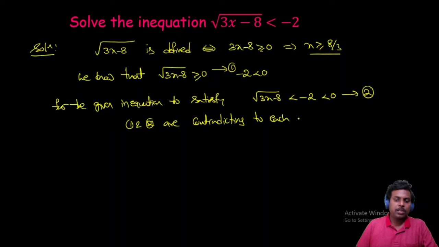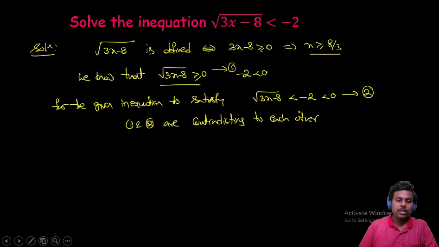Why? Because on one hand it is telling that this quantity is greater than or equal to 0. In order to get a solution for this inequality, this quantity must be less than minus 2, that is less than 0. So at the same time, a quantity cannot be greater than or equal to 0 and less than 0. So this is a contradiction.